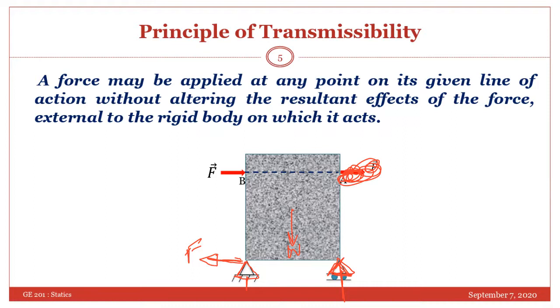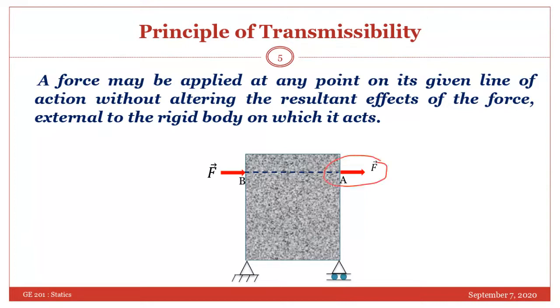Now if you move this force from here to here along its line of action, this is the line of action, and it is no more here, then again these reactions will be the same. Or if you move this force from here to here, then again the effect will be the same.